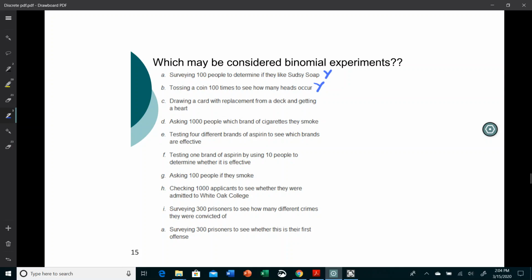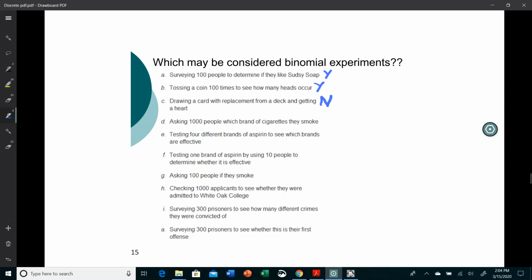If we did this just an ad hoc number of times without a number of trials specified, then I would have to say no. Okay, asking 1,000 people which brand of cigarettes they smoke. Is this a success-failure experiment? I don't think so.